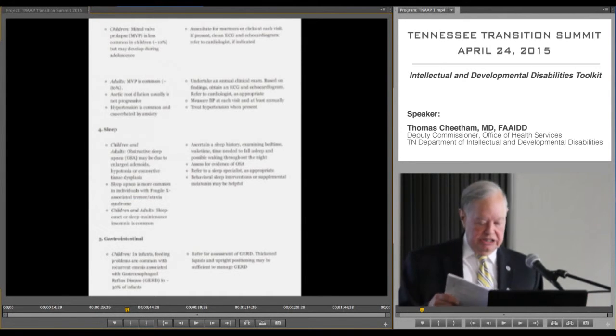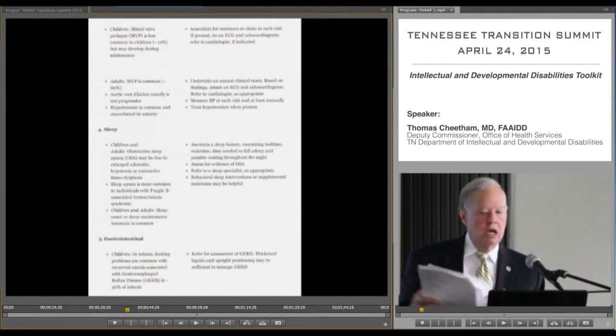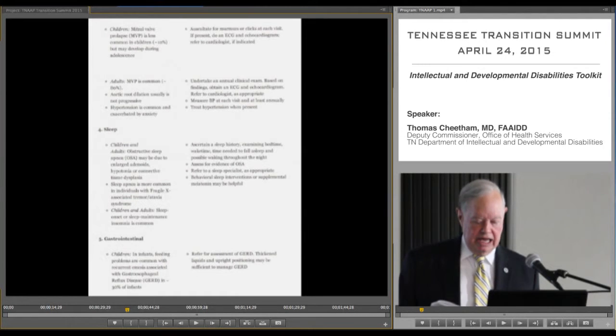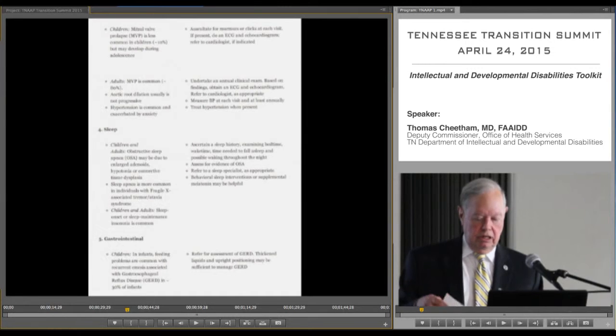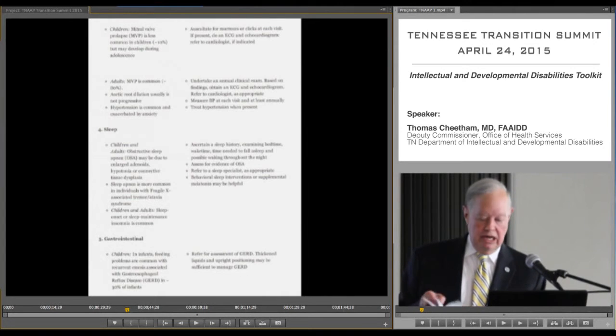And it works through each system. Some of the information is for children, but predominantly it's oriented towards adults. And again, it's well laid out so you can look at the system. So it's a useful resource when you have someone with a particular syndrome.